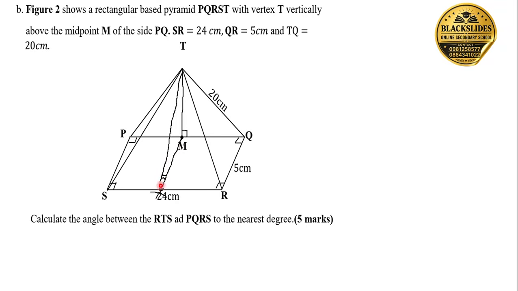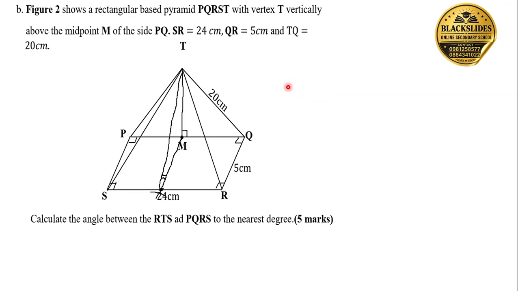So XM is 5. Once we know TM and XM, we can use tangent of this angle. Tangent is opposite over adjacent: TM is opposite the needed angle, and XM is adjacent to it. Then we take the inverse of the tangent to find the angle.